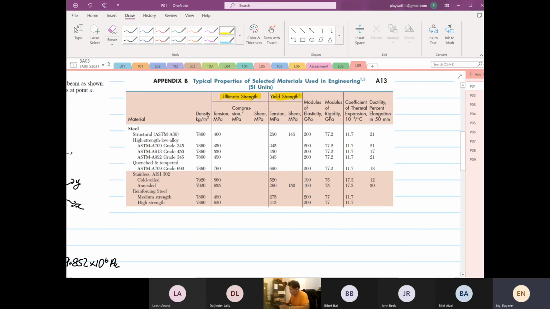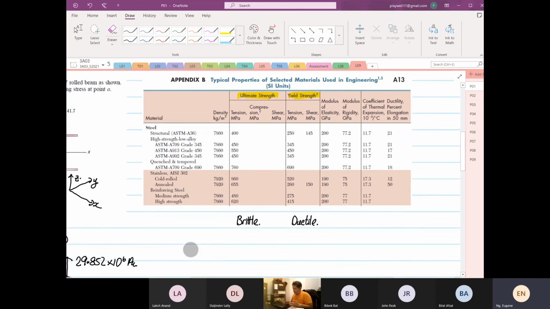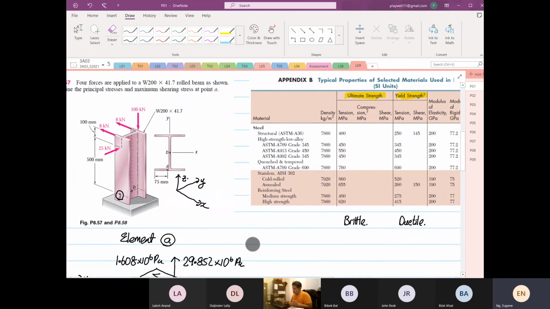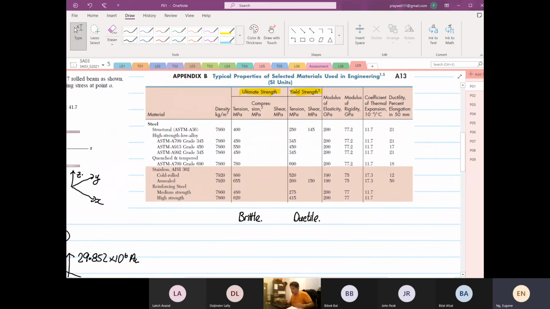You'll be saying, why are we given both? We spoke about this. You will use ultimate strength when you have brittle material, and you will use yield strength when it's ductile material. The structure we are analyzing is ductile, so we tend to use the yield strength.